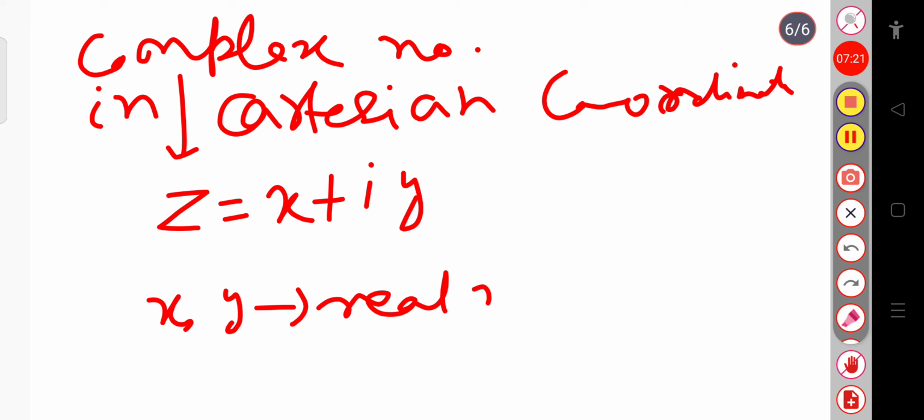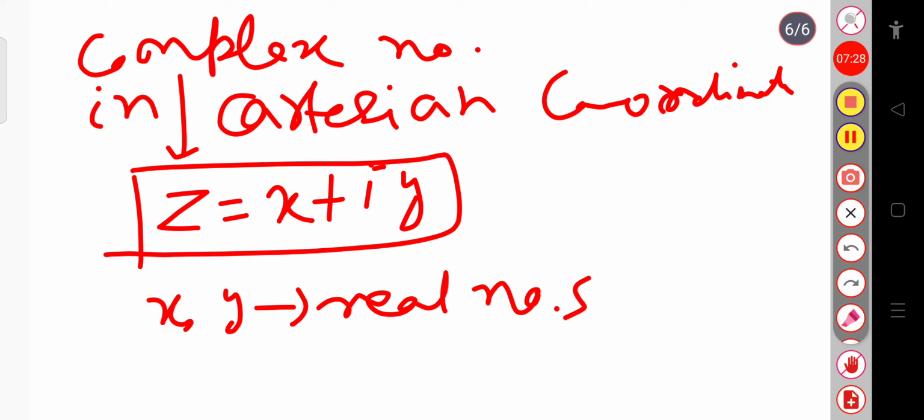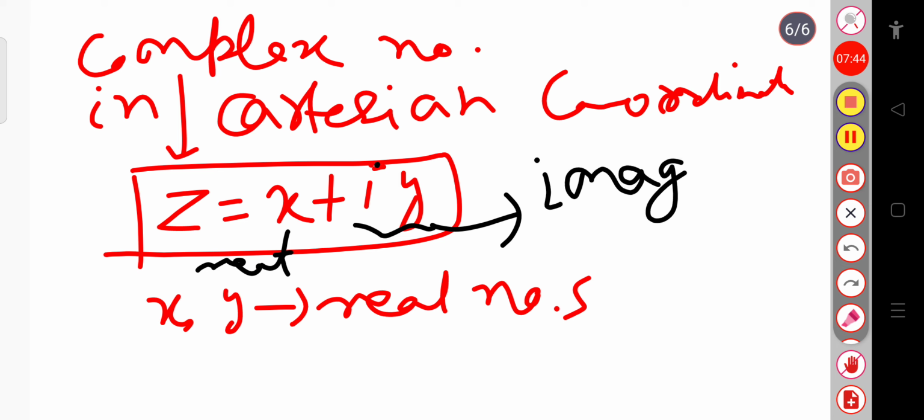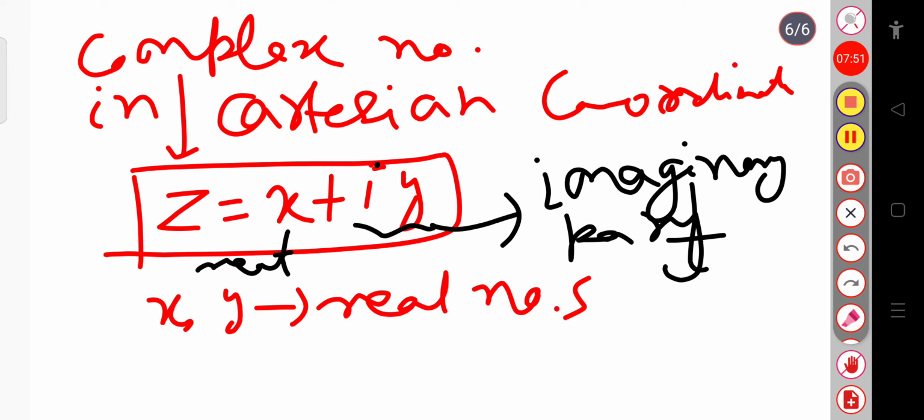This is your complex number z equal to x plus iy, and here this x part is known as the real part, and this iota y part is called the imaginary part.